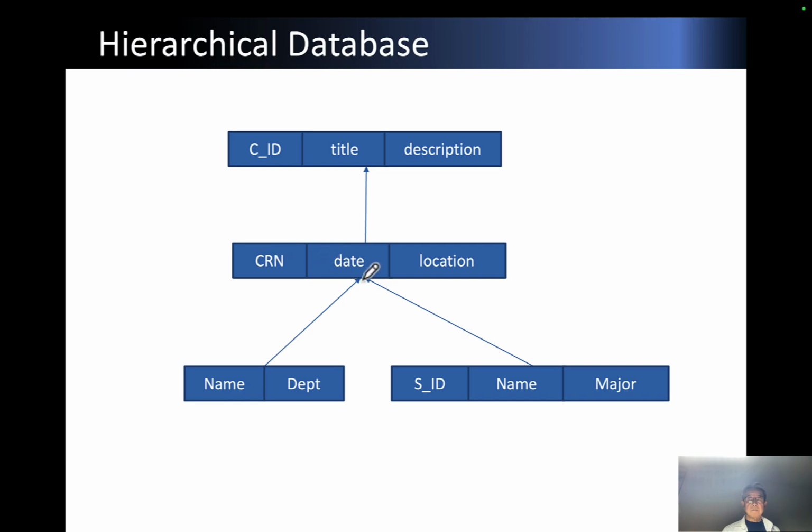That also can be formed over department and also faculty as an instructor, or student ID who are enrolled in. So this is a hierarchical data model, but it has not been practically implemented, not widely used.